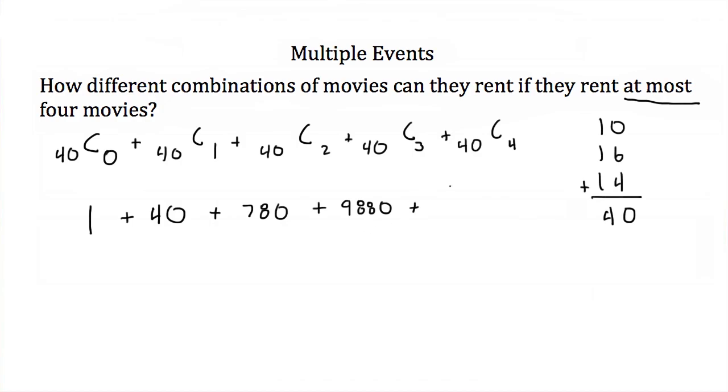And there's 91,390 ways to choose 4 movies out of 40. If we add all these up, that means there are 102,091 different possible combinations that they can rent at most 4 movies. And that completes the tutorial on permutations and combinations.